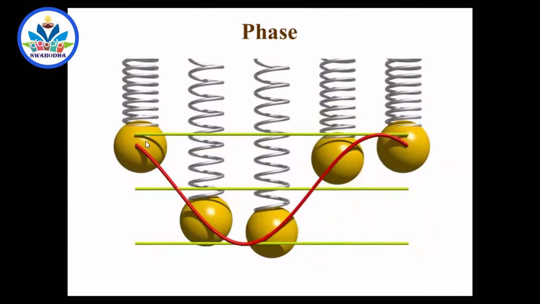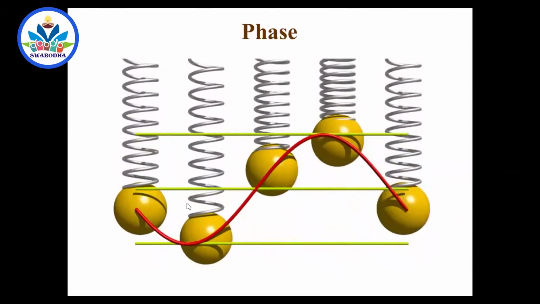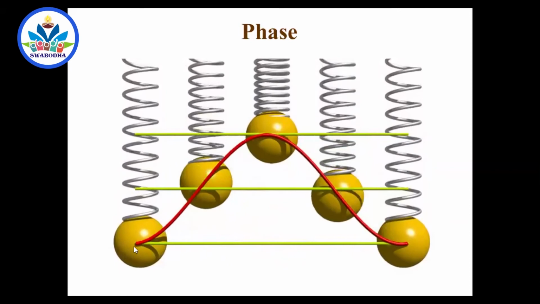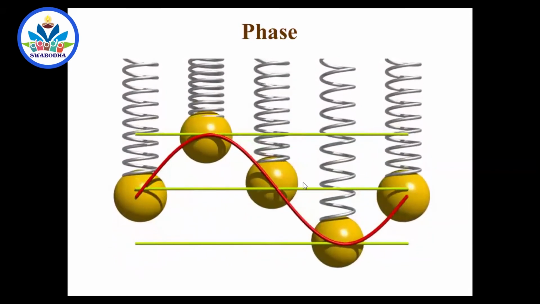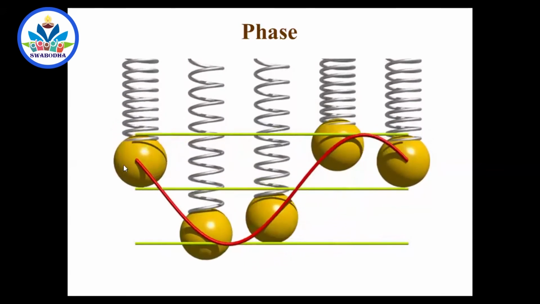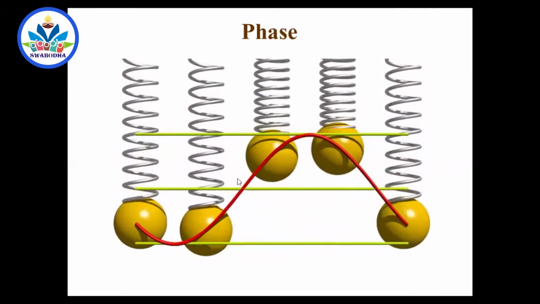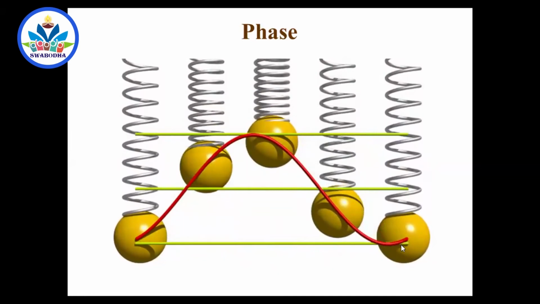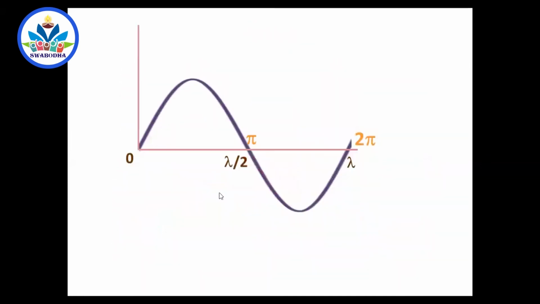You know that this is a complete lambda, right? When two nearest particles are vibrating in phase, we call that distance lambda, correct? Two particles at a distance of lambda have a phase difference of 2 pi.